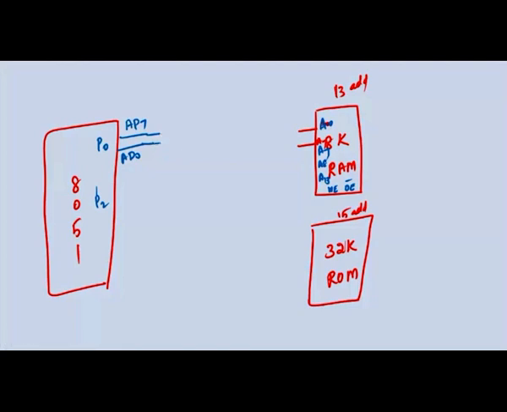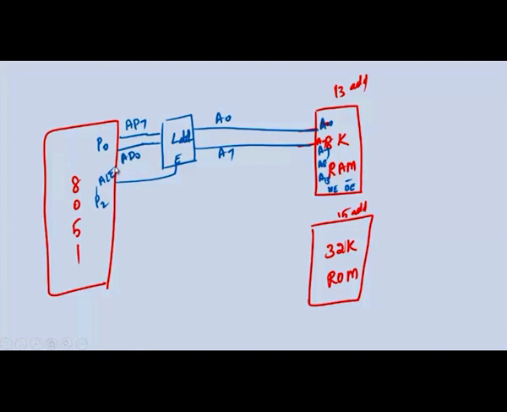We cannot directly connect them with A0 to A7, so I have to connect them to a latch. This is an octal latch. When this latch is enabled, it generates only the address lines A0 to A7. This is enabled by the ALE signal.